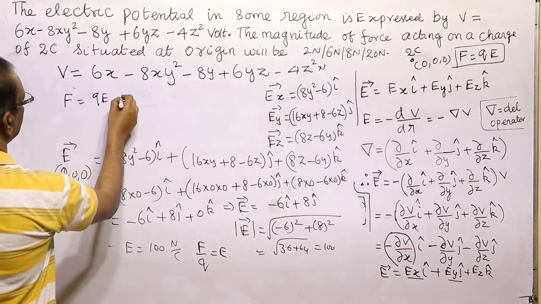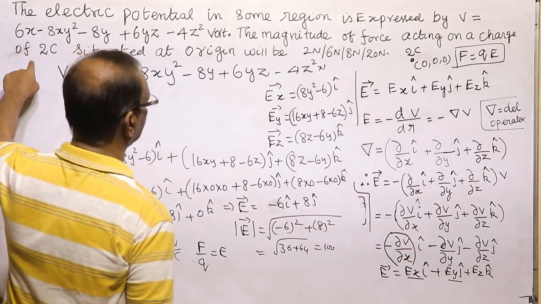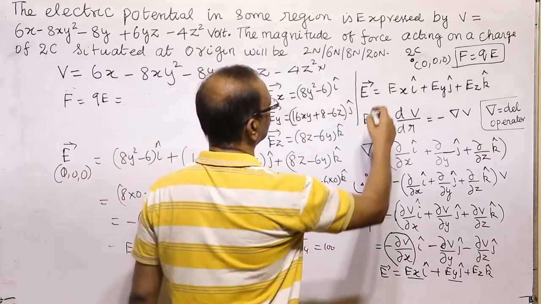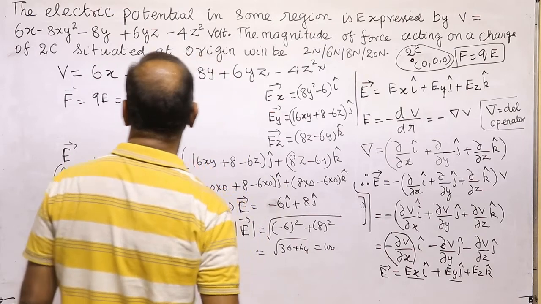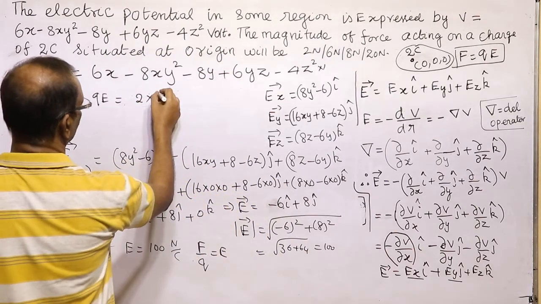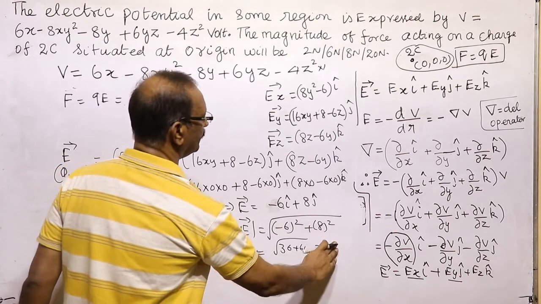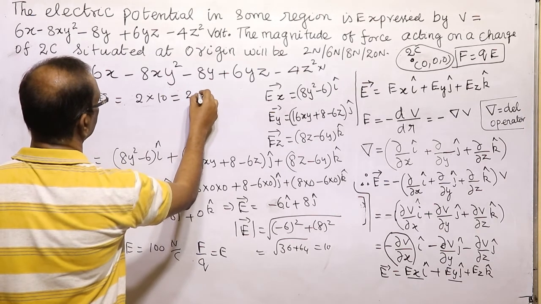Force is equal to Q into E. The charge is given as 2 Coulomb. The force is equal to Q, which is 2, into the magnitude of the electric field, which is 10, so 2 into 10 is equal to 20 Newton.